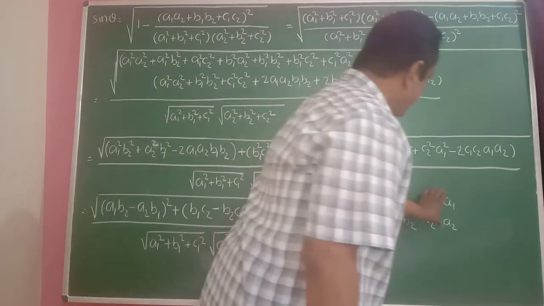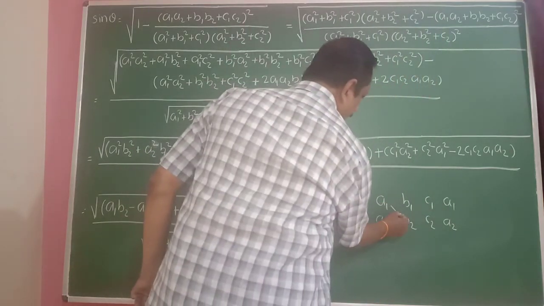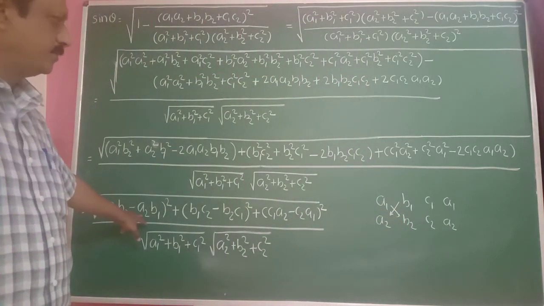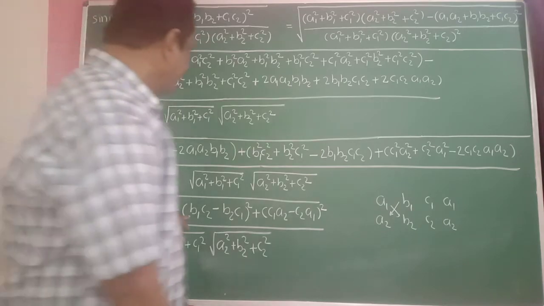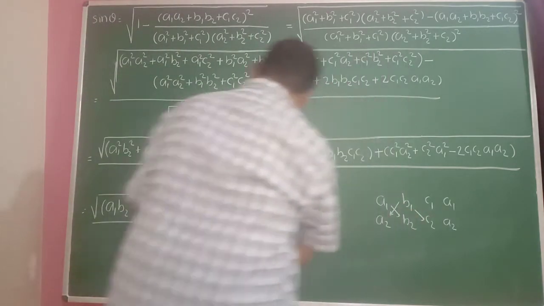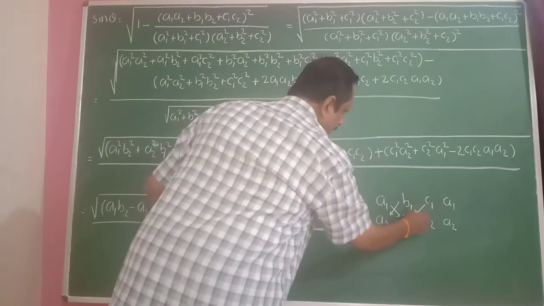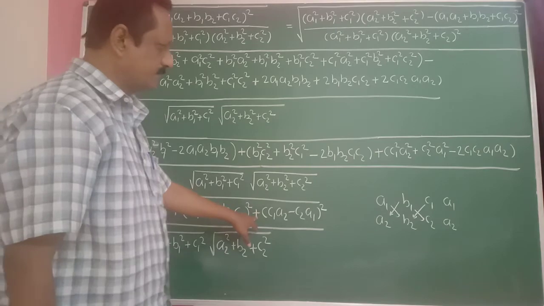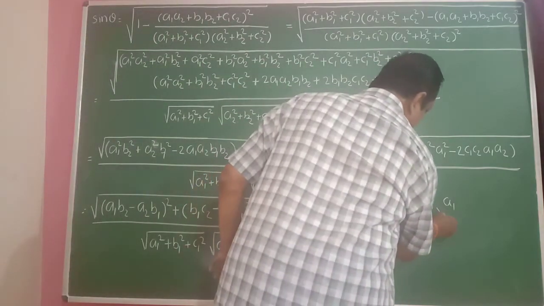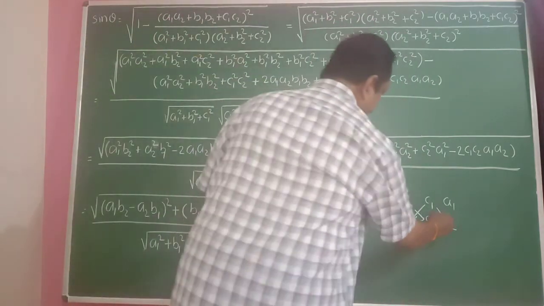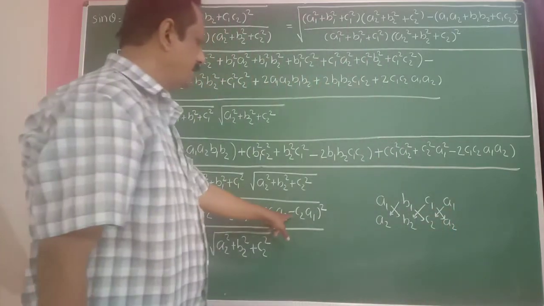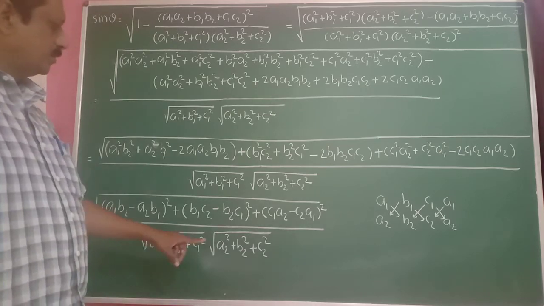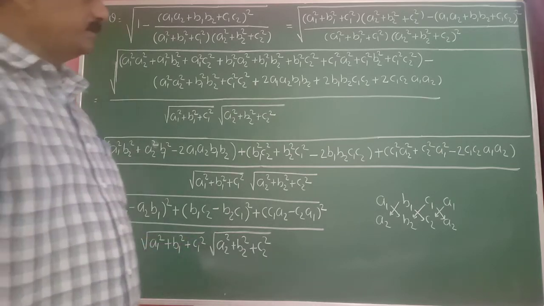Then a1 b2 minus a2 b1 whole square, b1 c2 minus b2 c1 whole square, c1 a2 minus c2 a1 whole square, divided by root of a1 square plus b1 square plus c1 square, root of a2 square plus b2 square plus c2 square.